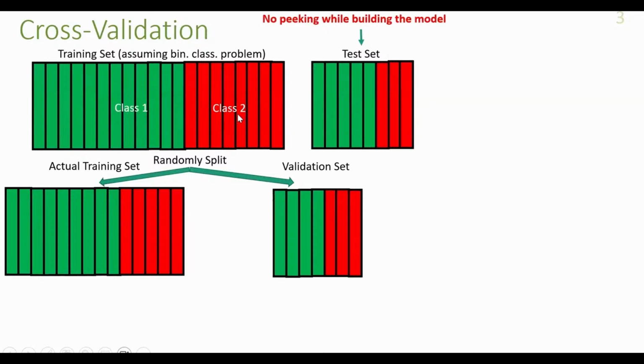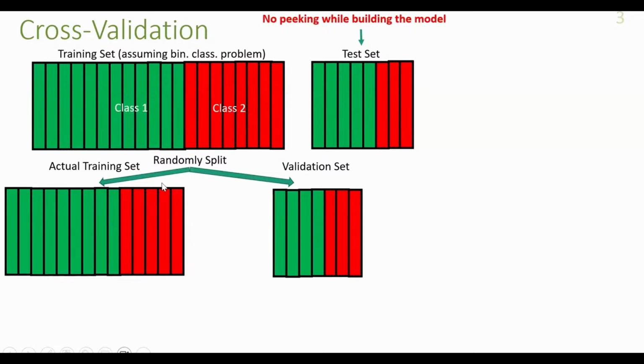So here, if this train and test distribution mismatch, then it may affect the learning of any machine learning model, right? So let's say if you have skewed data, means let's say 95% of points belong to class 1 and only 5% of data points belong to class 2, right?